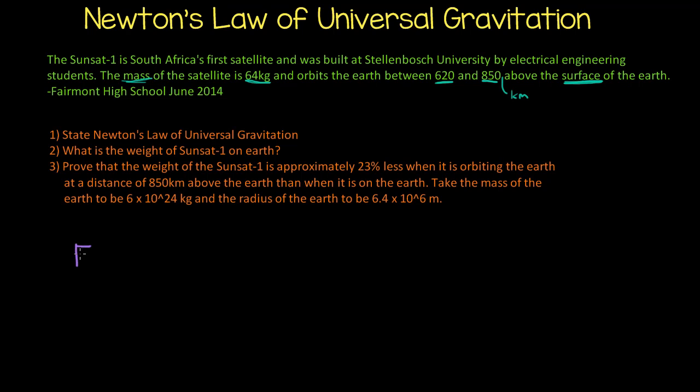We know the formula is force of gravity is equal to constant m1 m2 over r squared. Okay, you don't need to write this down. It says state, so you're going to be writing words. So I'll show you how to interpret the formula and then basically just read off the law using the formula that you have in your formula sheet.